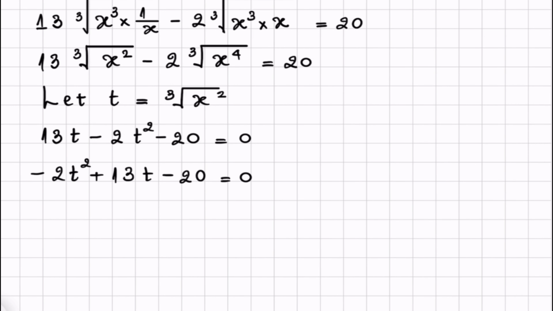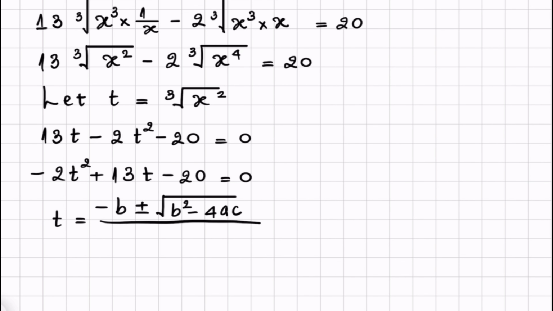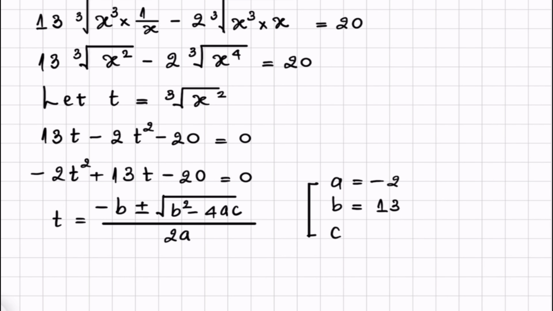So this is a quadratic equation, so we can use the formula, which is t equal to minus b plus or minus the square root of b squared minus 4ac, divided by 2a. So now you have to know that the value of a is negative 2, b is 13, and c is equal to negative 20.